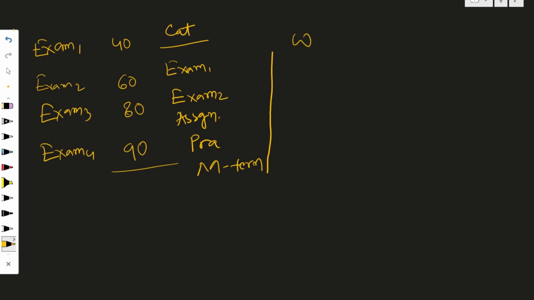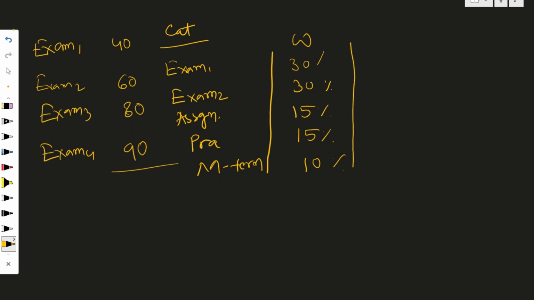Weights like 30% from exam 1 will be considered, 30% from exam 2, assignments 15%, practical 15%, and midterm 10%. See, in this way we are covering the entire 100%.